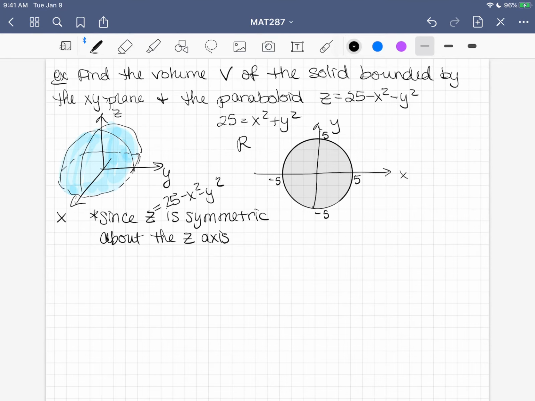Finding the volume above the region R is equivalent to finding the volume above the region here and then just multiplying by 4. Okay, so that's what we're going to do. Now that only works in this problem because my surface over here on the left is the same over all 4 of these regions.